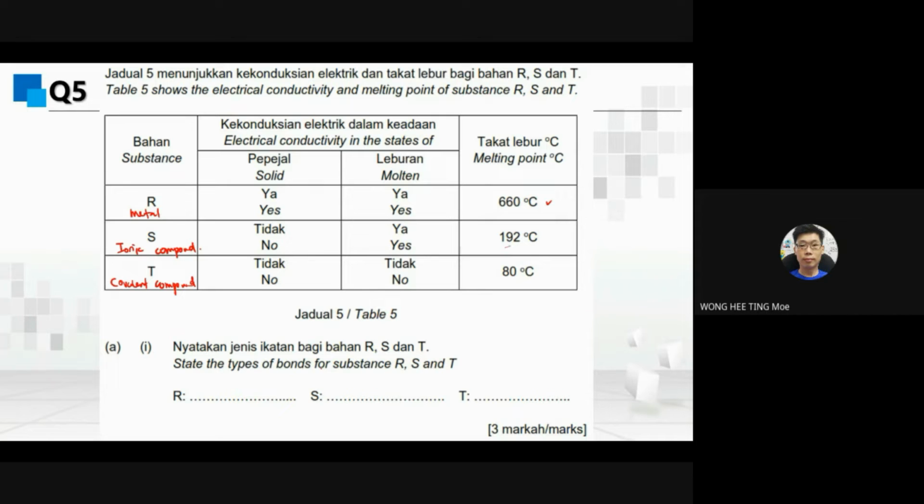Now state the type of bond for substances R, S, and T. So R is metallic, right? And then S will be ionic bond, and then T will be covalent bond. Here you always need to be careful. The question asks you for the bonds, you write the bond. You don't write the compound.